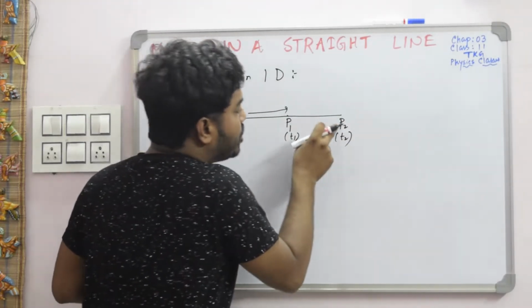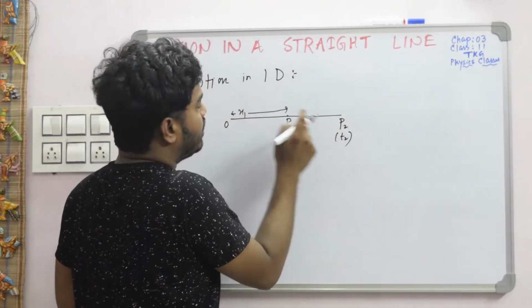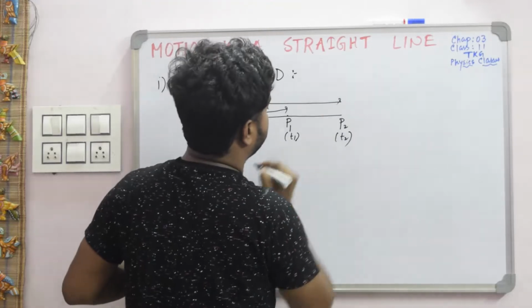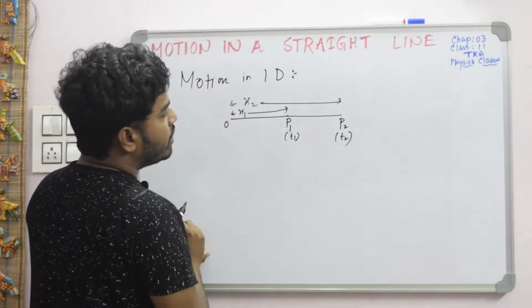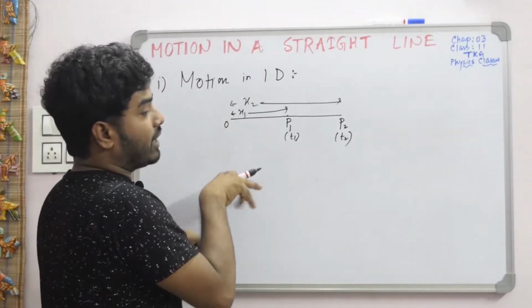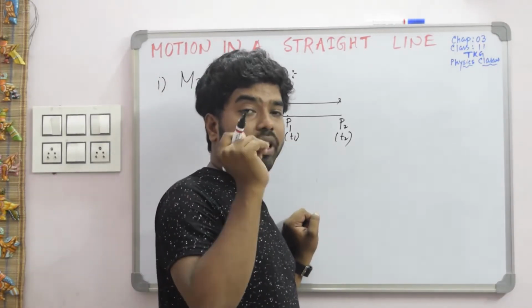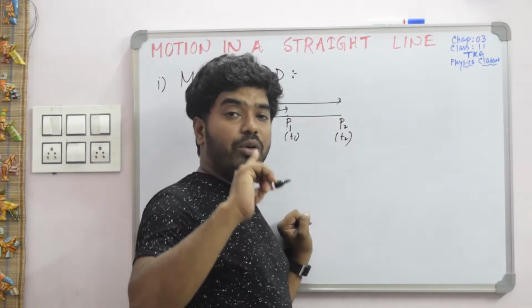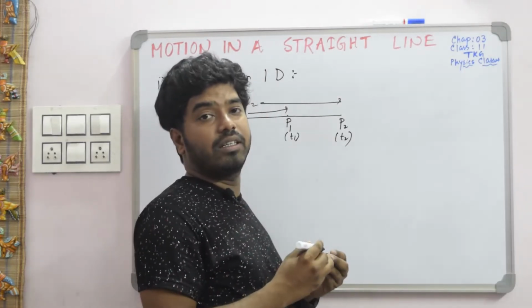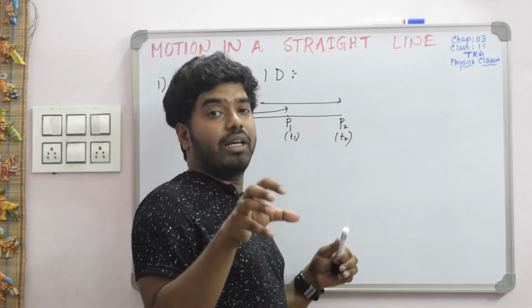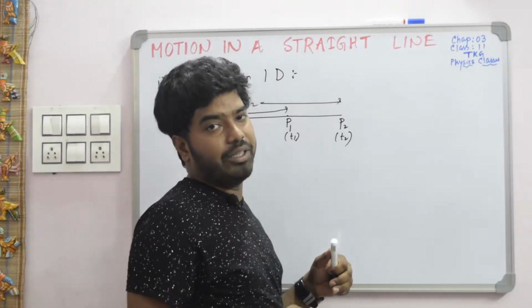What is the position at point p2? You have to say this position, that is x2. Clear? So when a body is moving in a straight path, and for specifying the position of that body we need only one coordinate among three coordinates, then this type of motion is called motion in 1D.